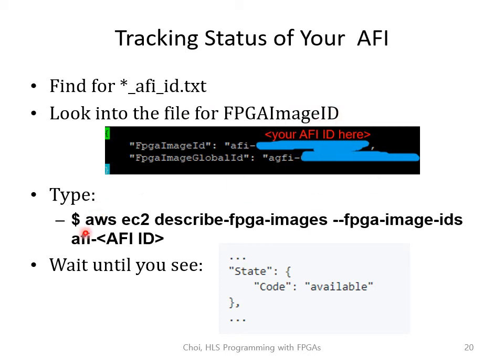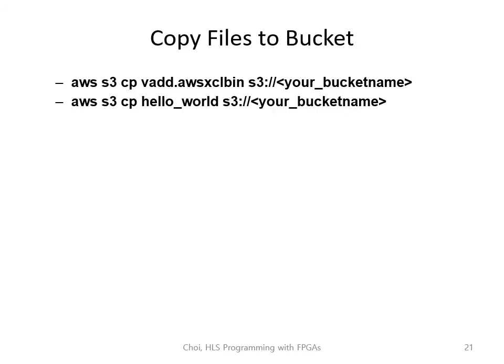Then type aws ec2 describe-fpga-images and the ID of your image. Then you'll see that the code is pending. Wait until you see the code changes to available. When the conversion process is finished, you can copy your files to your bucket.